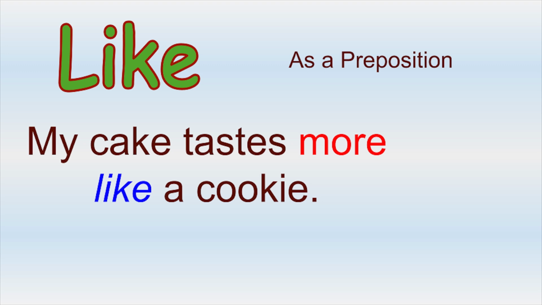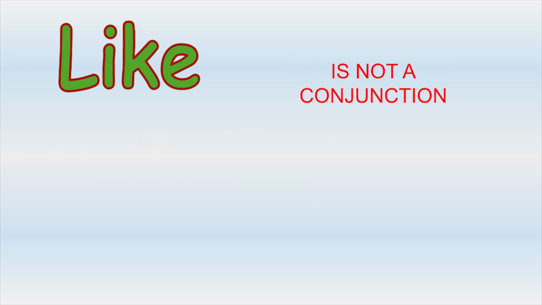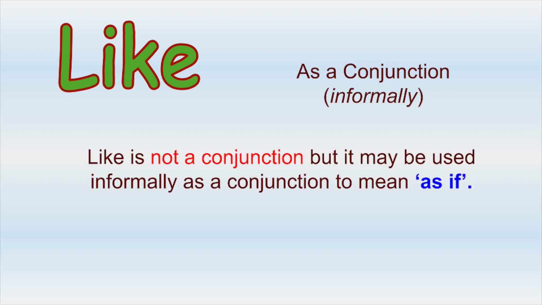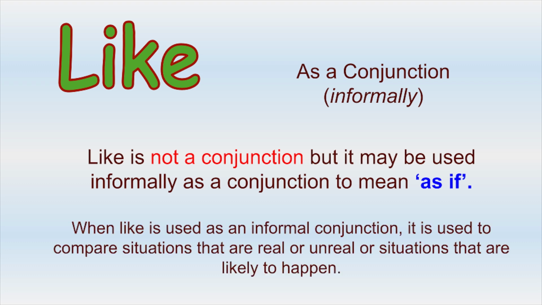Now let's look at like as a conjunction. Please note, like is not a conjunction, but it may be used informally as a conjunction to mean as if. When like is used as an informal conjunction, it is used to compare situations that are real or unreal, or situations that are likely to happen.